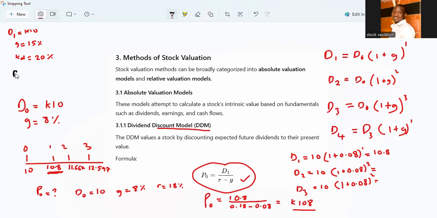P0 is D1 over KD minus G. So our D1 is 10 kwacha, our market rate is 20%, 0.2, and our growth rate is 0.15. So what becomes the price of stock now?